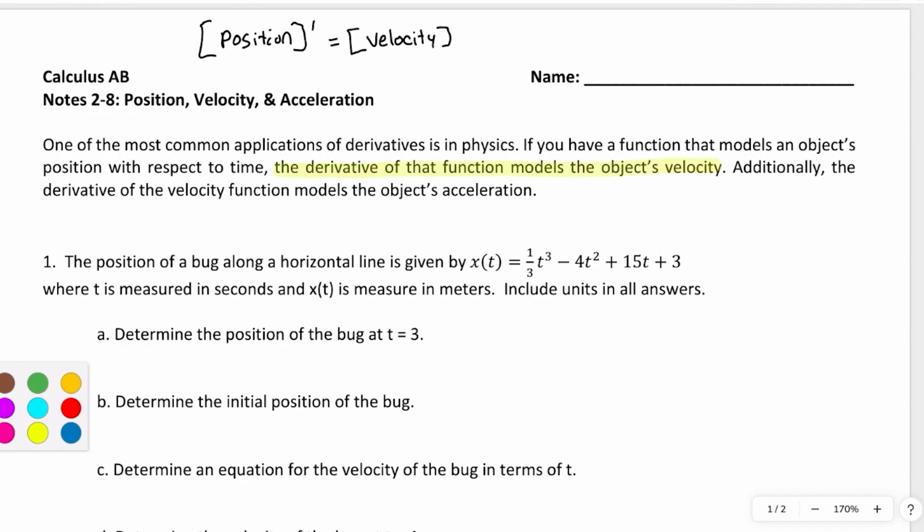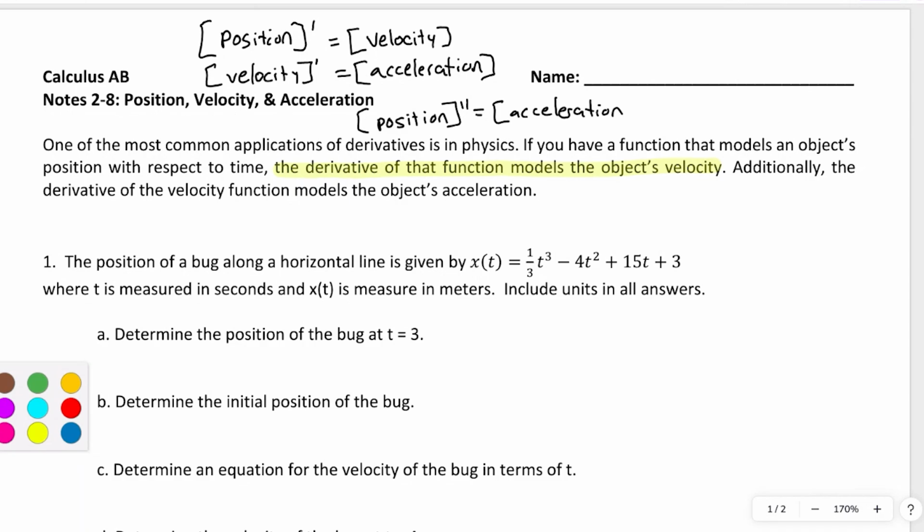And if you take the derivative of the velocity function, you get the acceleration function, a function that would model the object's acceleration. So if you want to go from position to acceleration, you have to differentiate twice. So the derivative of the derivative, or the second derivative of the position, is the acceleration.